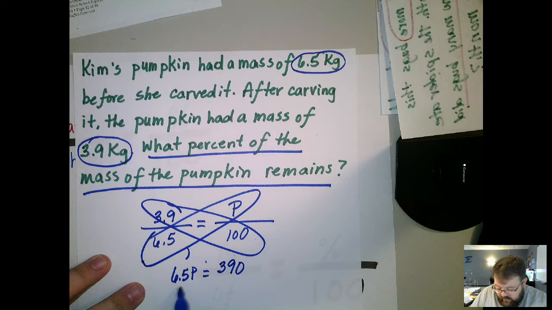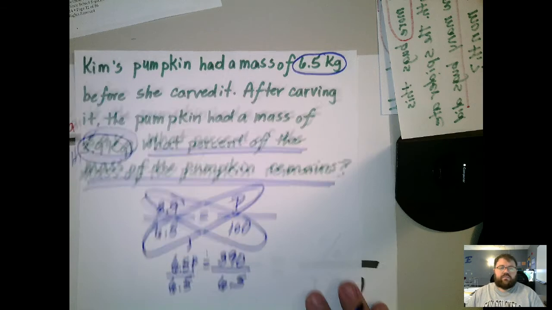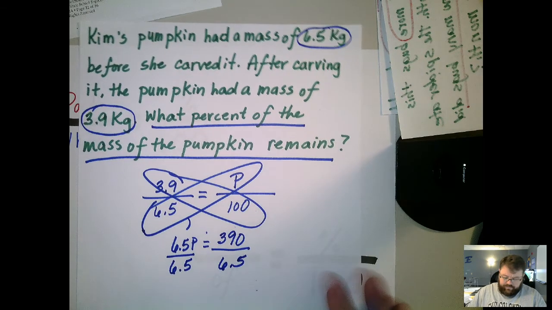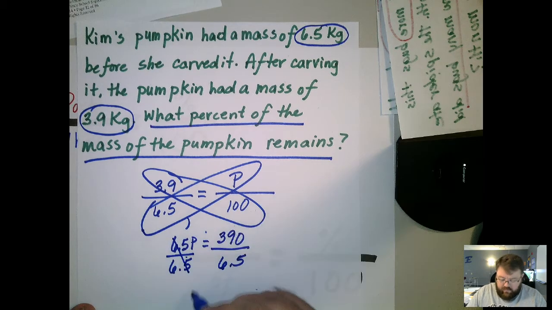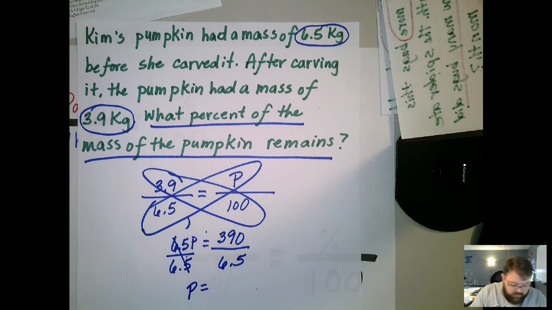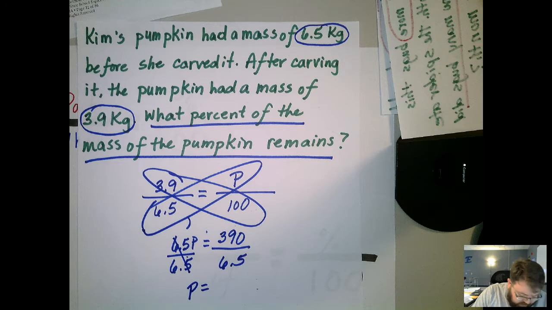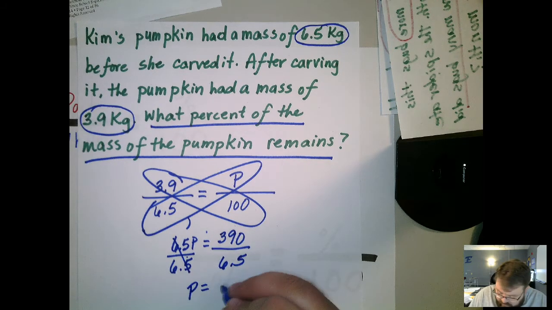Next, I want to divide by 6.5 on both sides. The 6.5 becomes 1 here. P is equal to 390 divided by 6.5. Let me use my calculator. Gives me 60.